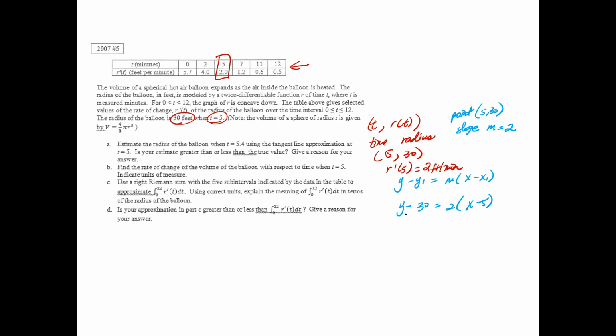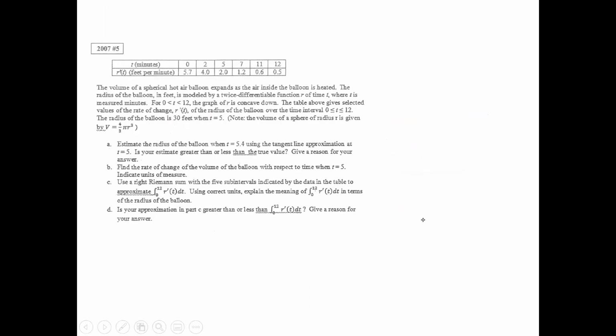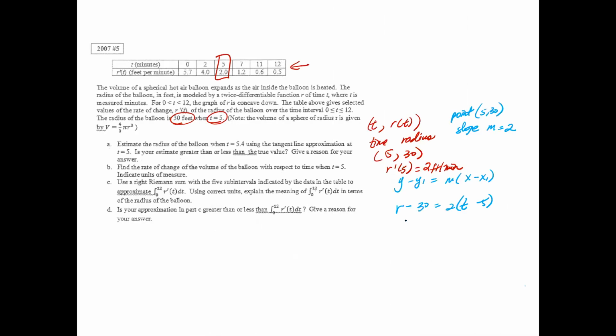Instead of having y and x, I want to make sure I do this based on r and t, so make sure you remodify that. Then let's solve for r. So r is equal to 2 times t minus 5, plus 30.